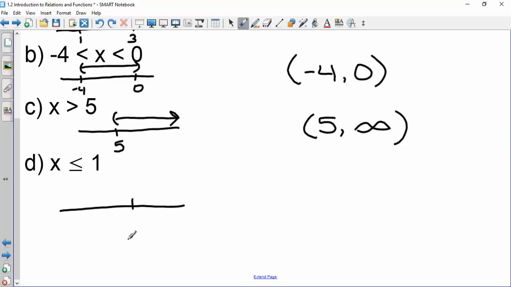D. X is less than or equal to 1. Yeah, but 1 gets in and we're going forever this direction. So that would be negative infinity, comma, 1, and the 1 gets a bracket. Are there any questions on this notation?